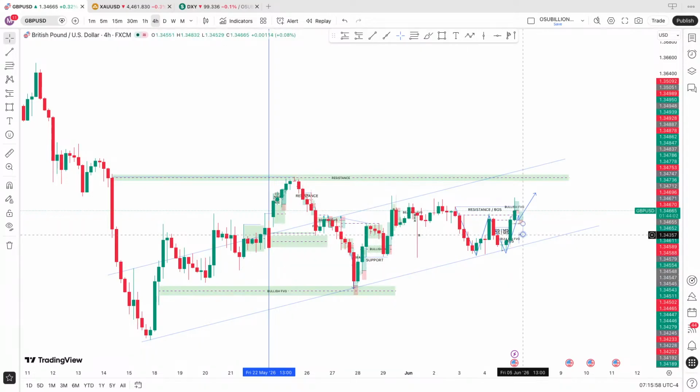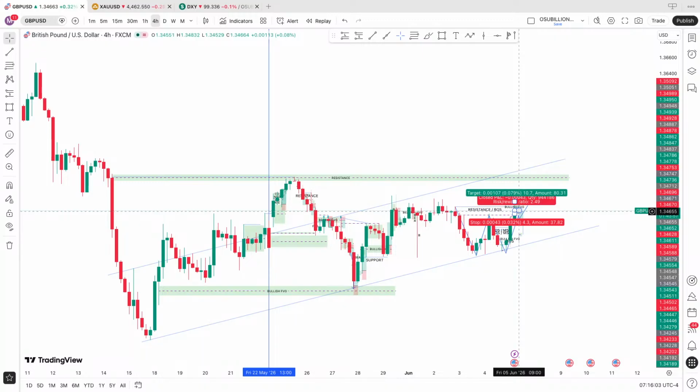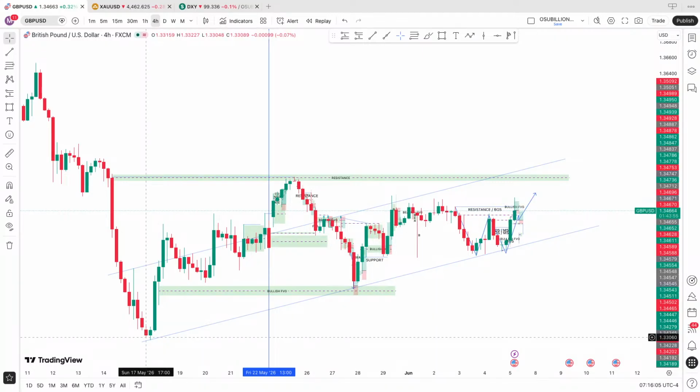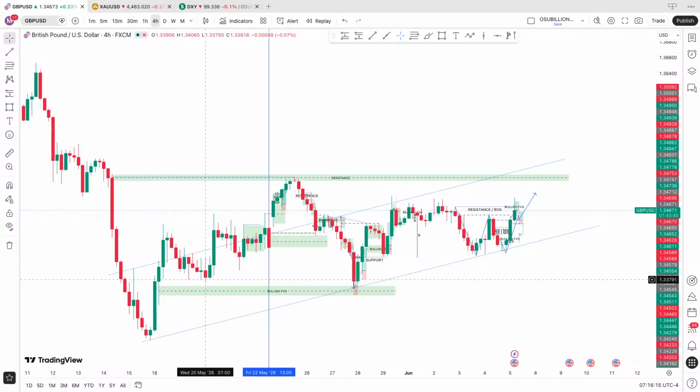In as much as we have this huge liquidity up there, what we can also look out for is the fact that it had a lower high, which was here, and then it had the low, and then we had another lower high, and then it had its lower low and its lower high, which actually came to its resistance here.